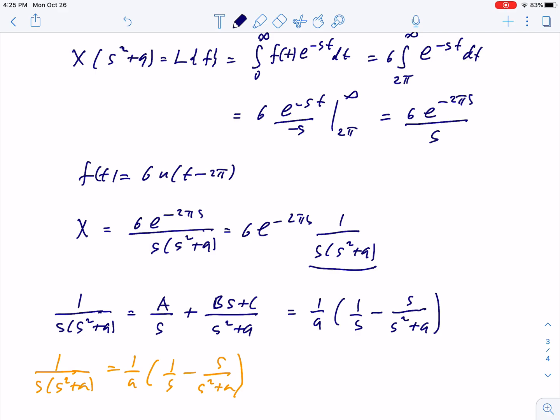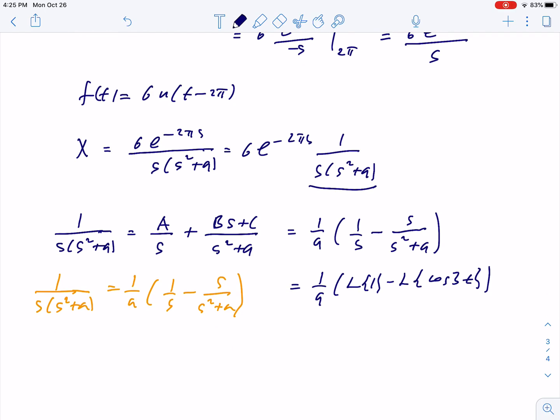Okay, now we can invert this very easily. What is in the parentheses is recognizable. First we have Laplace of 1, then we have Laplace of cosine 3t. This is 1/9 Laplace of 1 minus Laplace of cosine 3t.